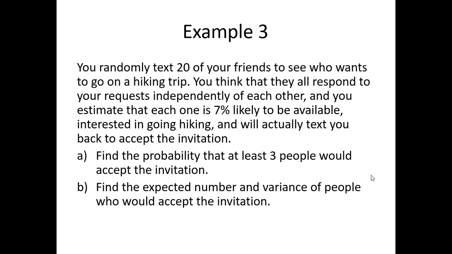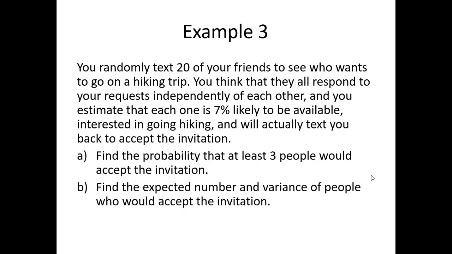Now in example 3, let's suppose that you randomly text 20 of your friends to see who wants to go on a hiking trip. You think they'll all respond to your request independently of each other, and you estimate that each one has a 7% probability to be available, interested in going hiking, and will actually text you back accepting the invitation.